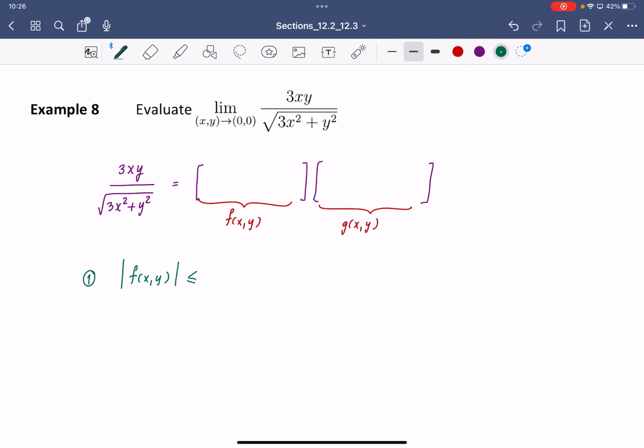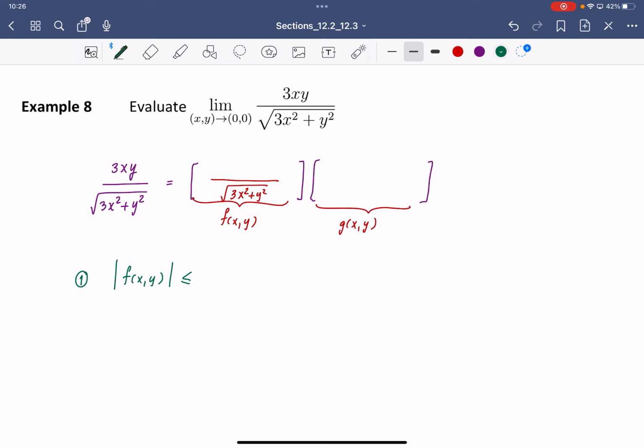As I told you, the first technique is we try to keep the denominator, the square root of 3x squared plus y squared, in the f part first, because we know that at the end f(x,y) is going to be the square root of 3x squared plus y squared here.